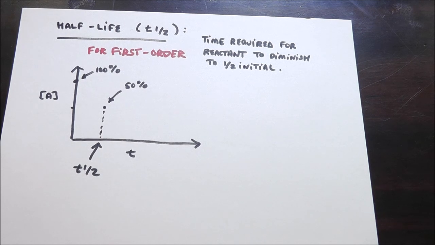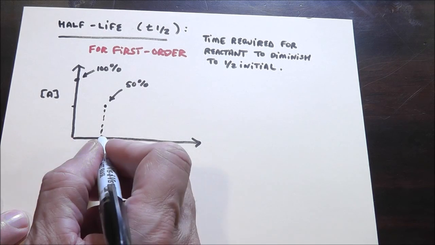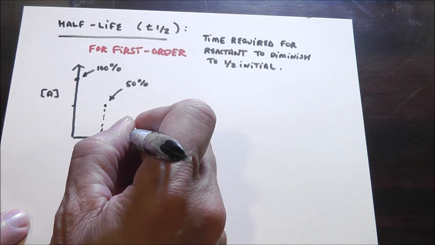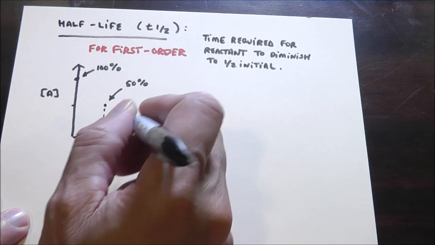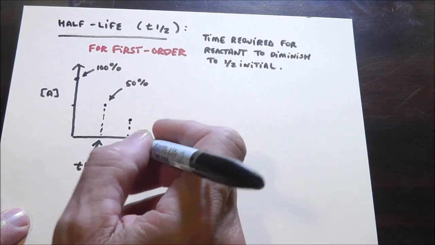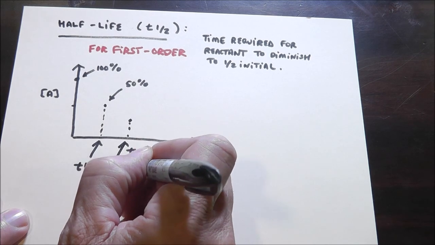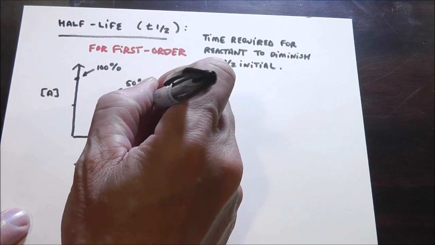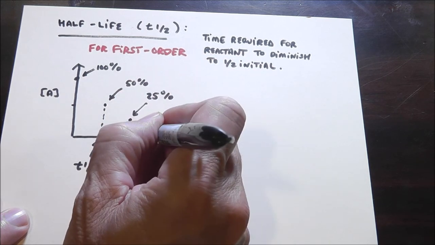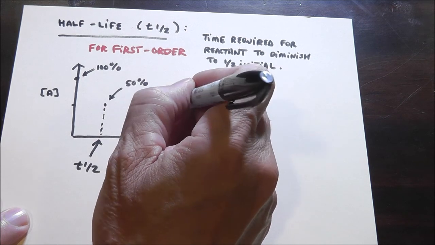Now the thing that's unique about first order and not anything else like second order is that after the same amount of time, let's take that distance in, that 50% is like the new initial, and it's going to cut itself in half again. This would be 2 times T1 half, and that would be at 25%, which is half of a half. How about another half-life, like 3? Now we're at 12.5, which is half of a half of a half.